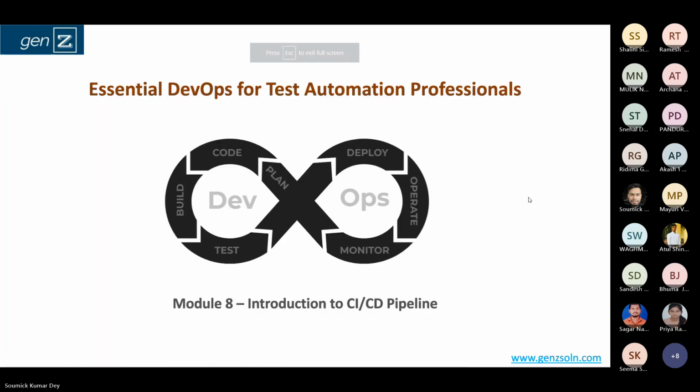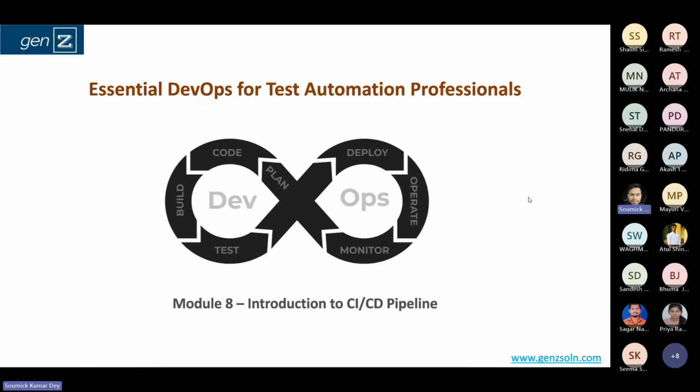Fine. So now the final topic of this entire essential DevOps for test automation professionals journey, that is introduction to CI/CD pipeline, right? So before starting with this topic, many of us are working with this concept like CI/CD, be it different tools, I am not talking about the tools and terminologies we are using, but we are using these kinds of concepts in our day-to-day work, right?